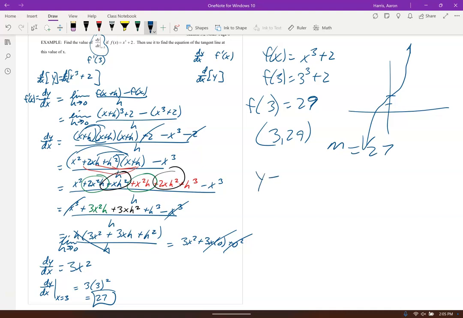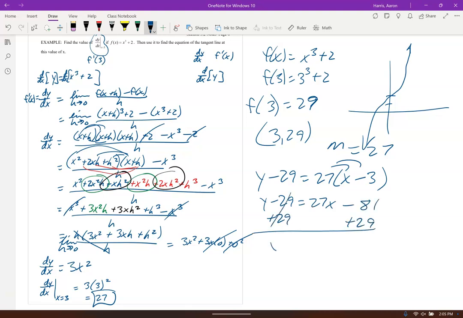So now I just go y minus y1 equals m times x minus x1, and that'll whittle down to 81. There's the equation.